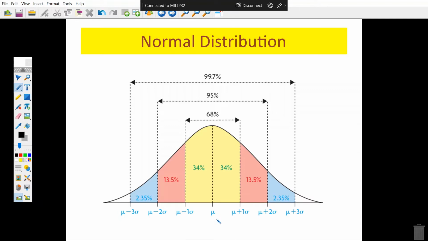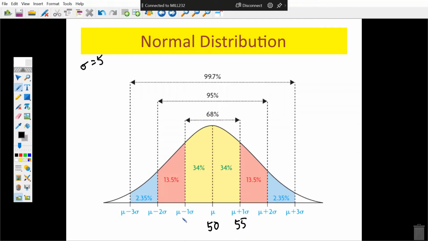So let's say, for example, your mean was 50, and let's say your standard deviation was 5. Just for example. What would this value be right here? What's the mean plus 1 standard deviation? If the mean is 50 and the standard deviation is 5. 55.